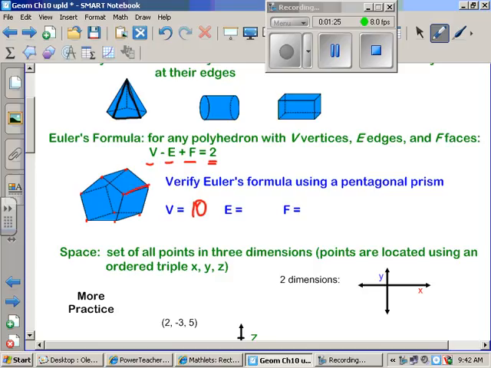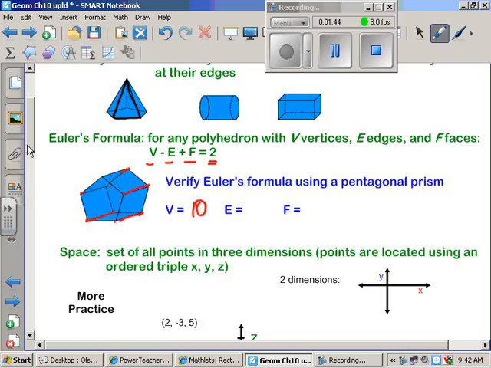There's 1, 2, 3, 4, 5, 6. No, there should be 5 around the, I think I counted a top here.